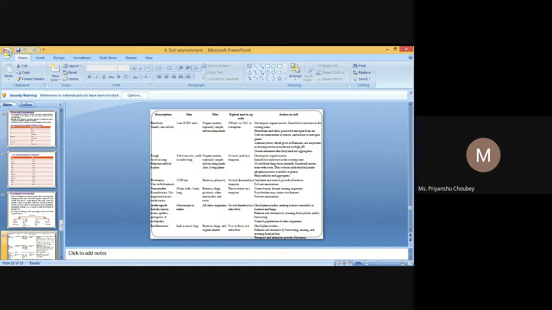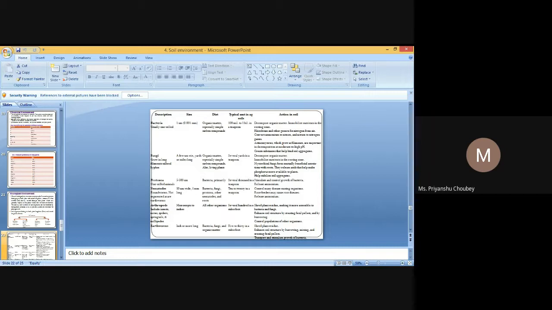Decomposed organic matter immobilizes nutrients in the rooting zone. Microbial fungi form a naturally beneficial association with the roots. They release acid, help make phosphorus more available to plants, and help stabilize soil aggregates.